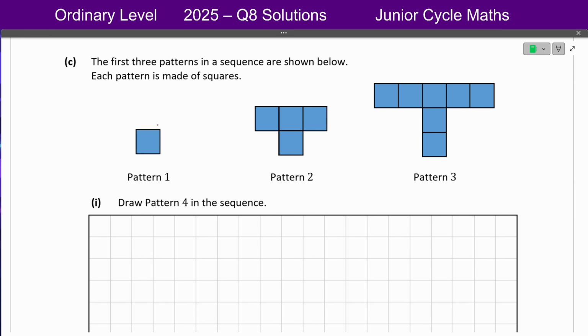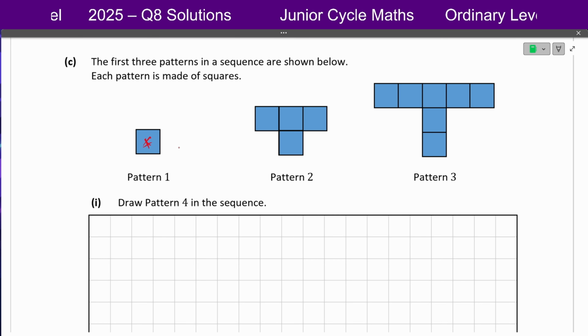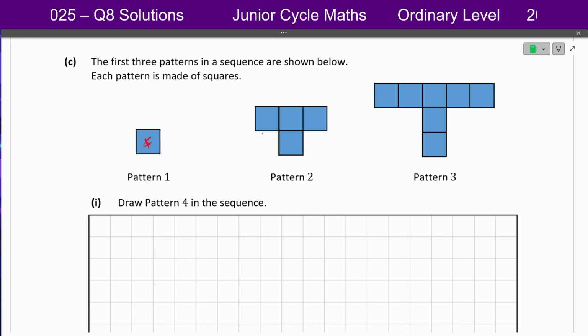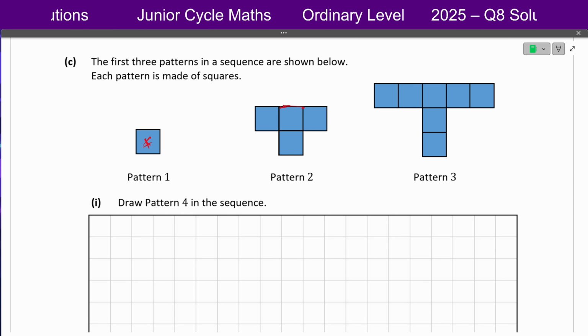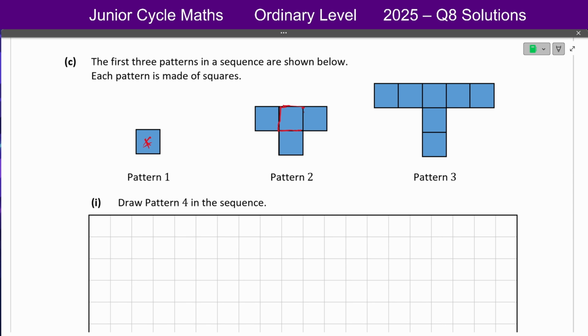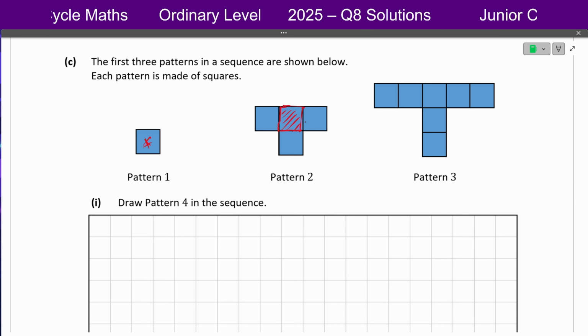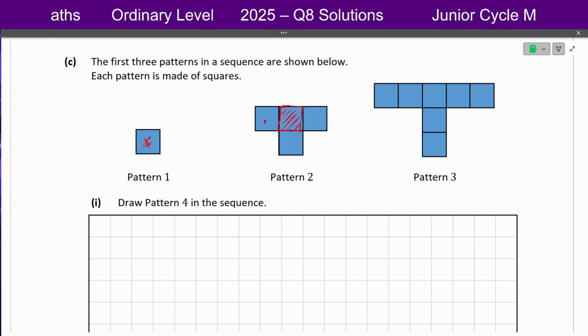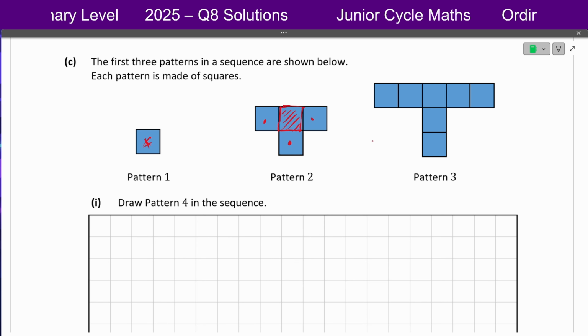So if we assume that here is the original square, and we use it to draw pattern 2. So here is the first pattern, right? Here is our first square, and what we have done here, we have added a square on each side and a square underneath, right?